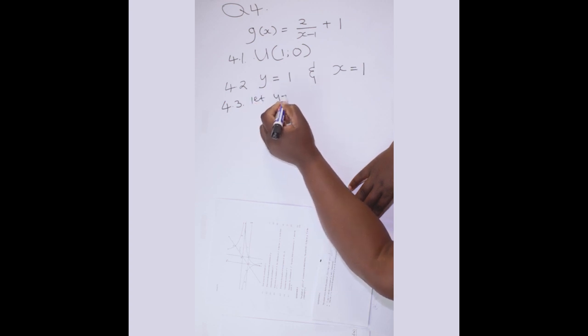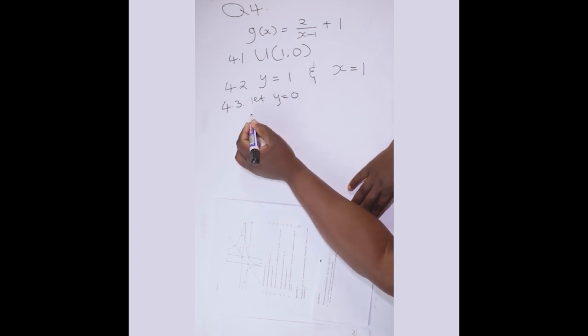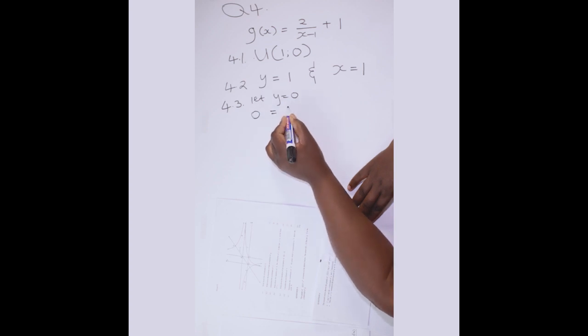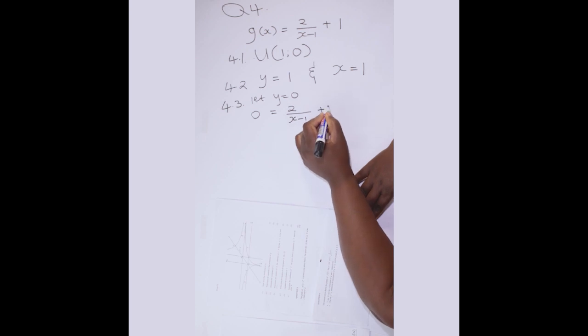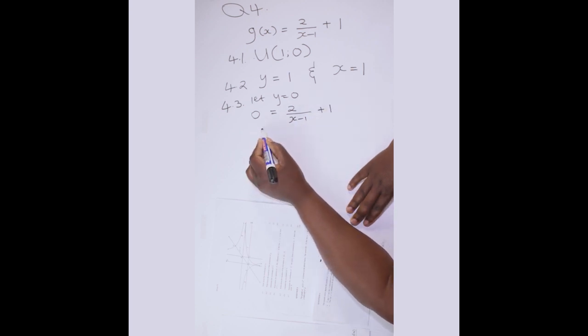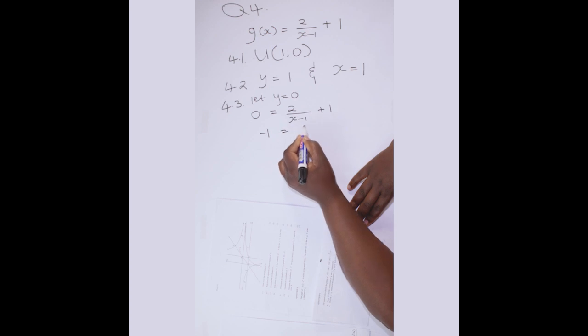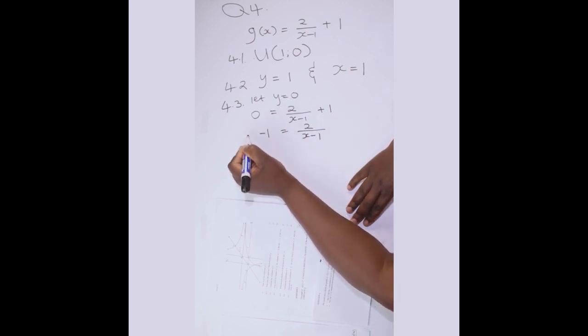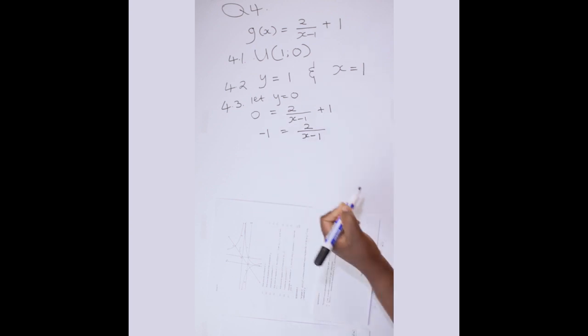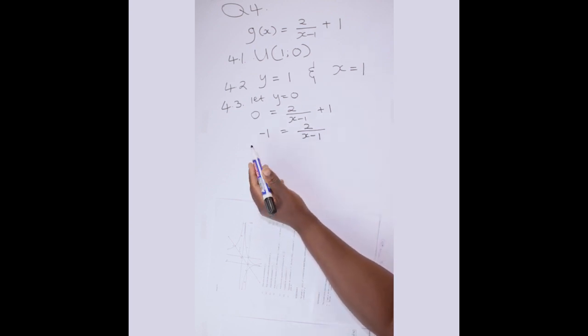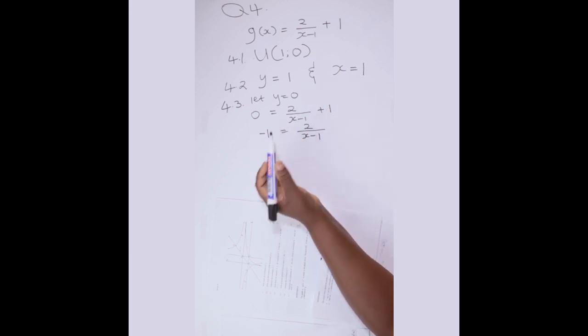So if you let your y, which is your g of x, be 0, you will have 0 equals 2 divided by x minus 1 plus 1, which will be minus 1 equals 2 divided by x minus 1. Remember, the minus 1 happens when you subtract 1 on both sides of your equation. So 0 minus 1 gives you minus 1, and 1 minus 1 gives you 0. That's why on the right side you have 2 divided by x minus 1.